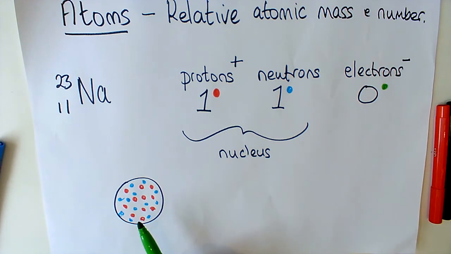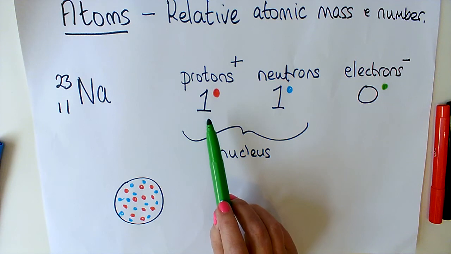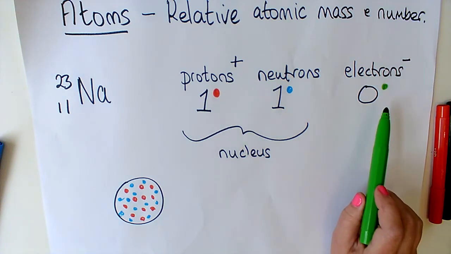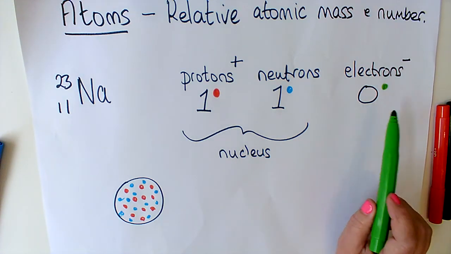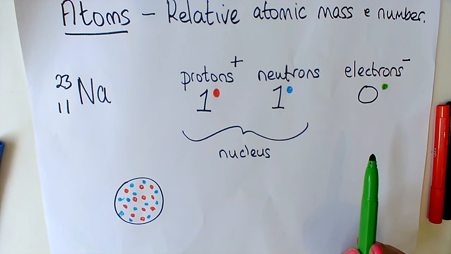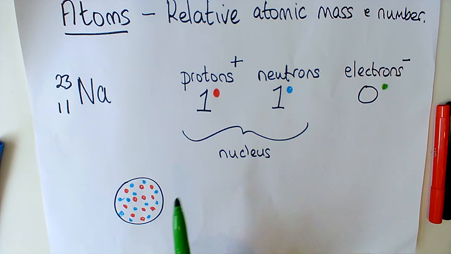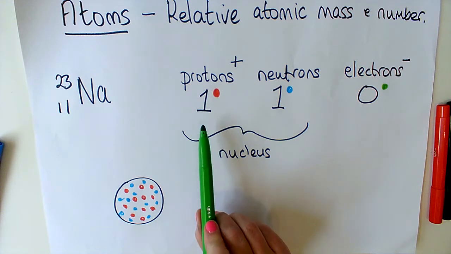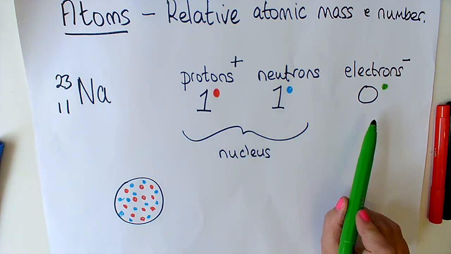All atoms are electrically neutral, which means that they must have the same number of positive protons as they do negative electrons, so that electrically they cancel each other out and leave you with a neutrally charged atom. So if I have 11 protons in sodium, I must have 11 electrons as well.